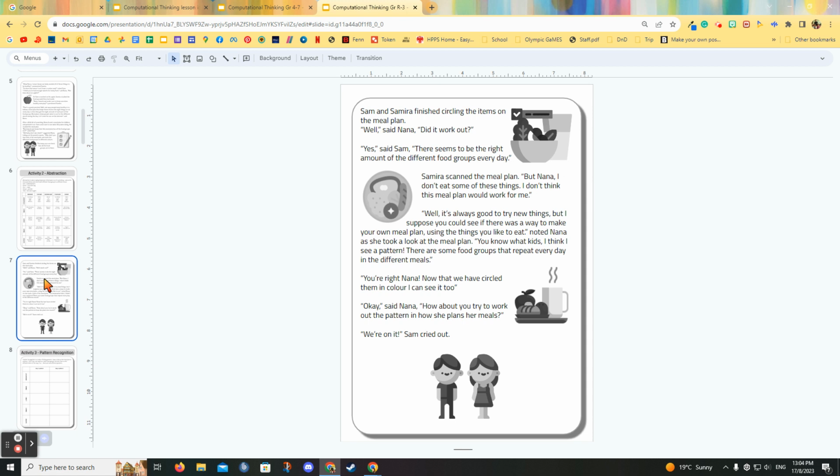Then it goes on to talking about the food groups and how much of each food group they eat each day. Samira points out that she doesn't eat some of the foods. So then they're talking about substituting, planning a specific menu, and deciding on what the pattern is of what food groups they choose each day.